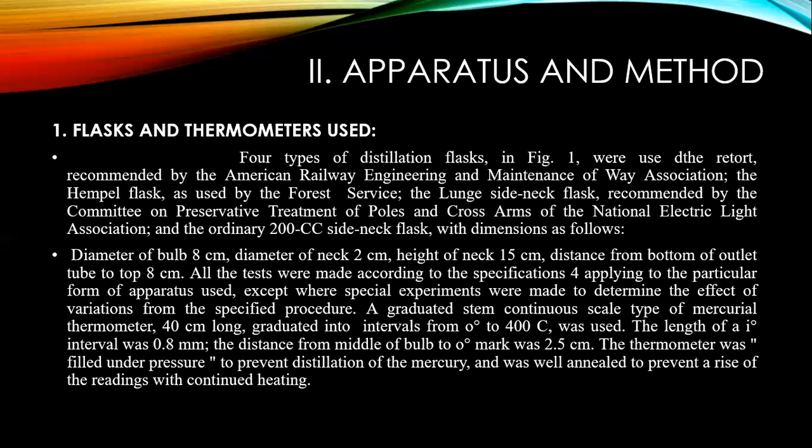The length of the interval was 0.8 millimeter. The distance from the middle of the bulb to the 0 degree mark was 2.5 centimeters. The thermometer was filled under pressure to prevent distillation of the mercury and was well aged to prevent a rise in the reading with continued heating.